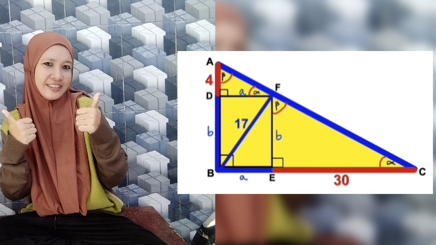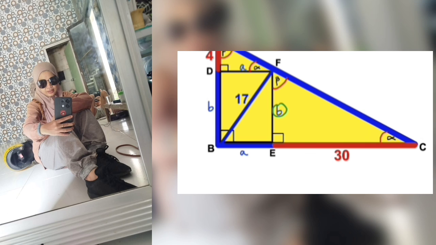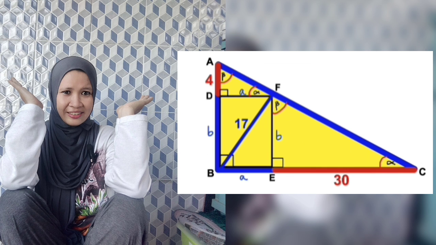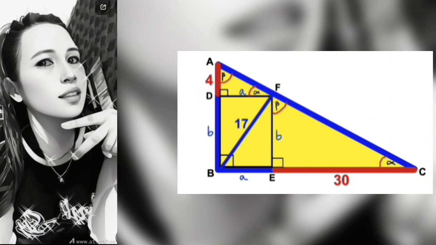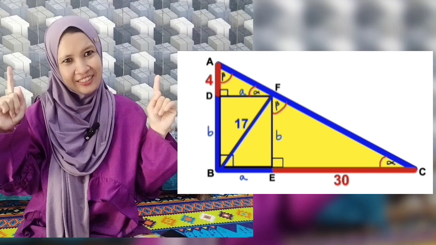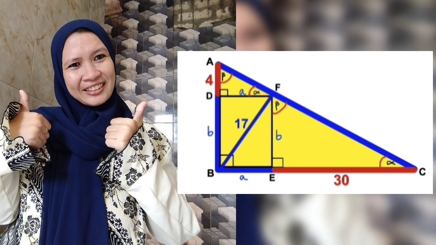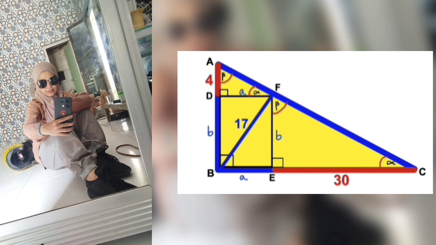And finally, this FE length is lowercase b, so I'm going to substitute that one for lowercase b, as you can see in this next step. And now we are going to cross multiply. So therefore, our a times b value turns out to be 4 times 30, which is going to give us 120. And I'm going to label this one as our equation number 1.